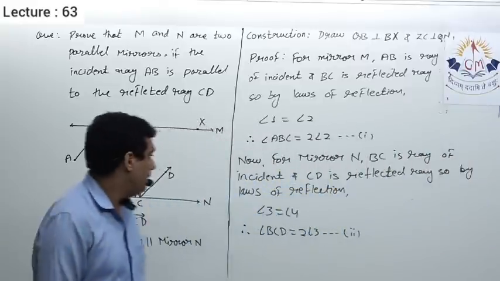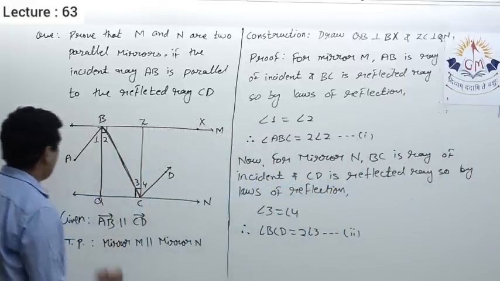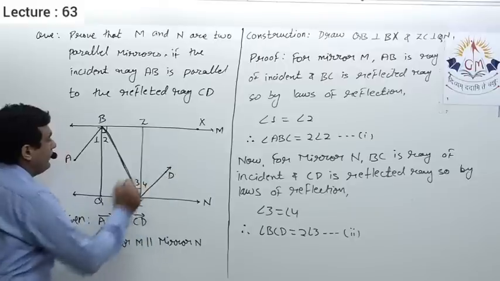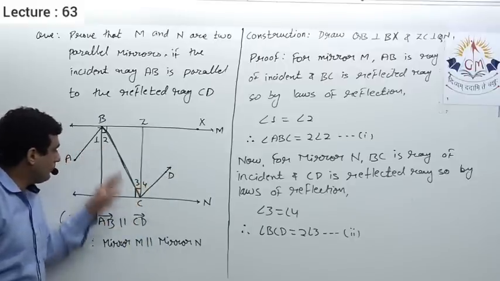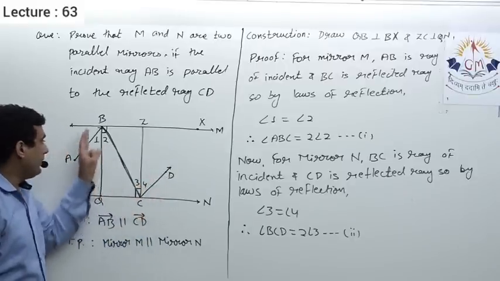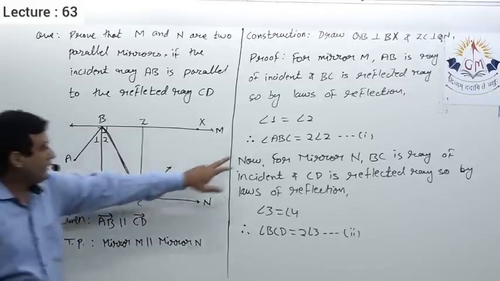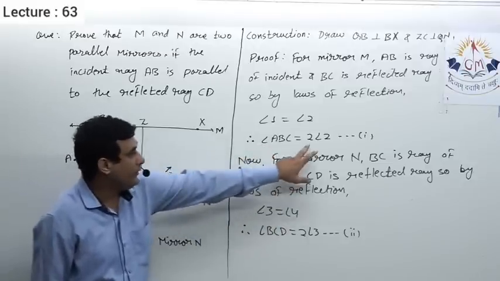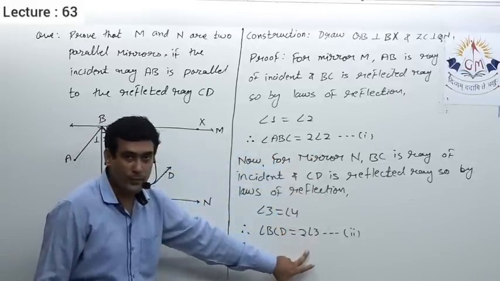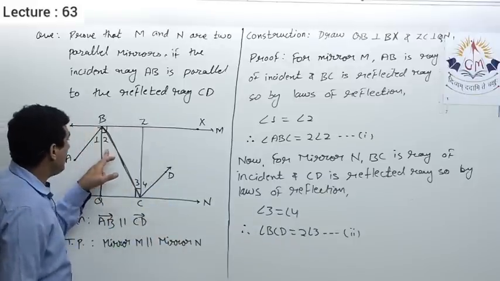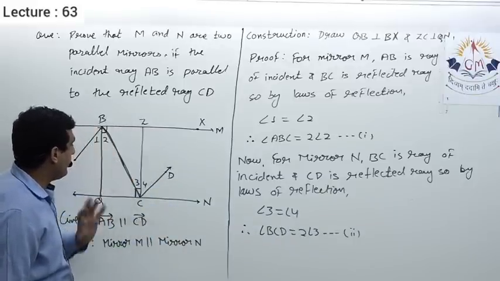After this, it is given AB parallel to CD, so I can say angle ABC equals angle BCD, as the lines are parallel and they form alternate interior angles. When I get ABC equal to BCD, I get twice of angle 2 equal to twice of angle 3. So ultimately I get angle 2 equal to angle 3.